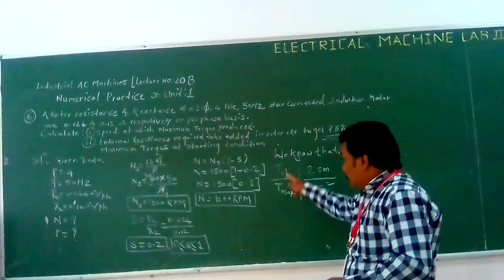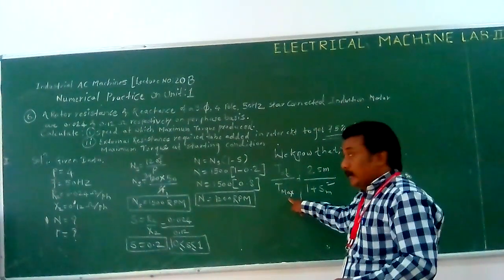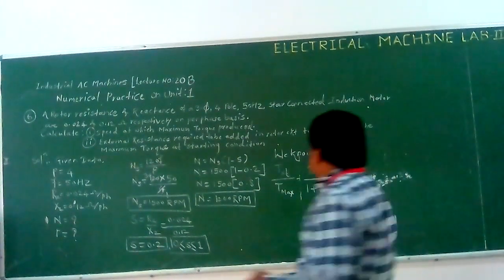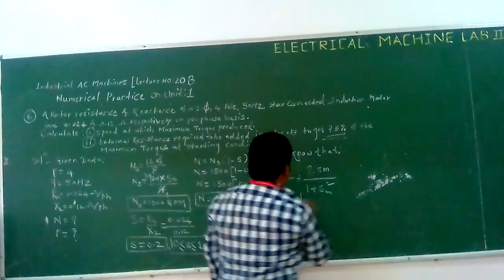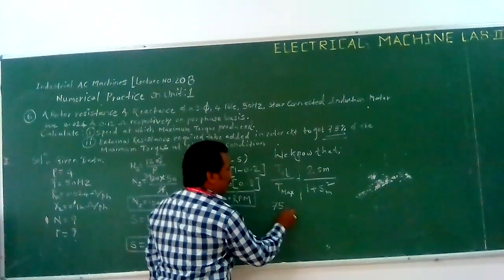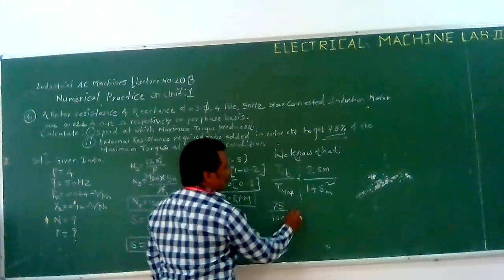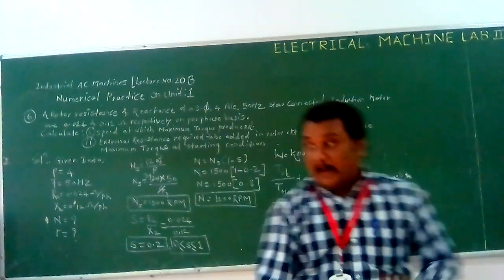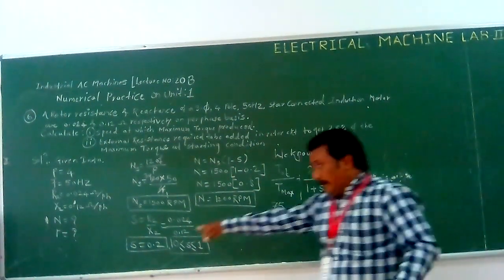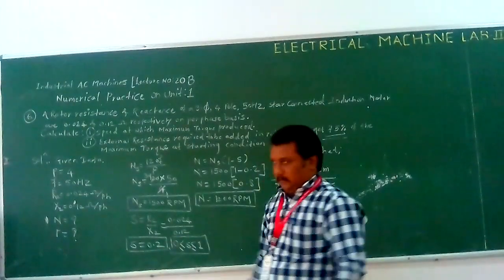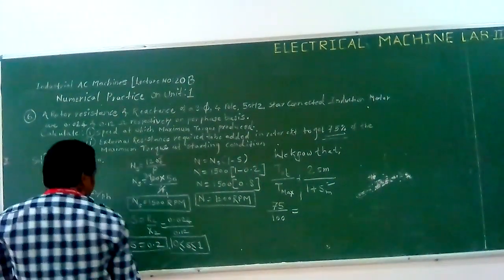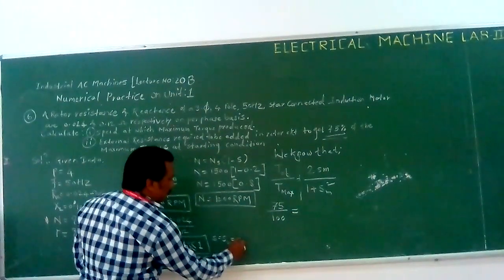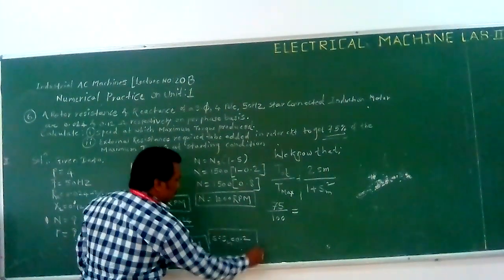Now the ratio of starting torque to maximum torque is given as 75%, so it is recorded as 75 upon 100. In this case we assume that the slip is at the starting instant, so at the starting moment S is equal to Sm is equal to 0.2.